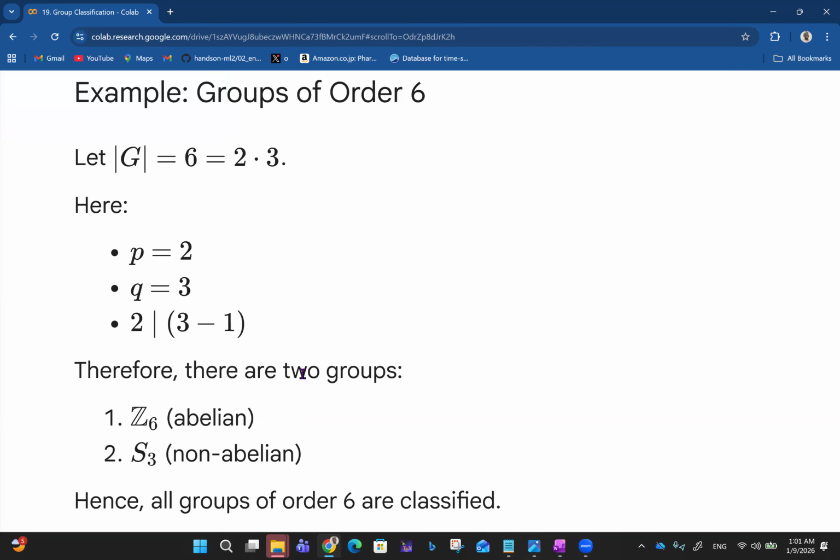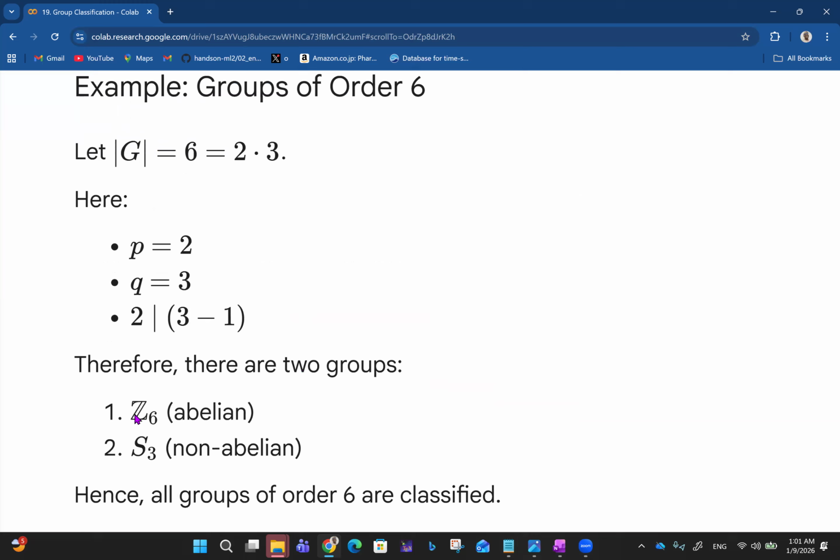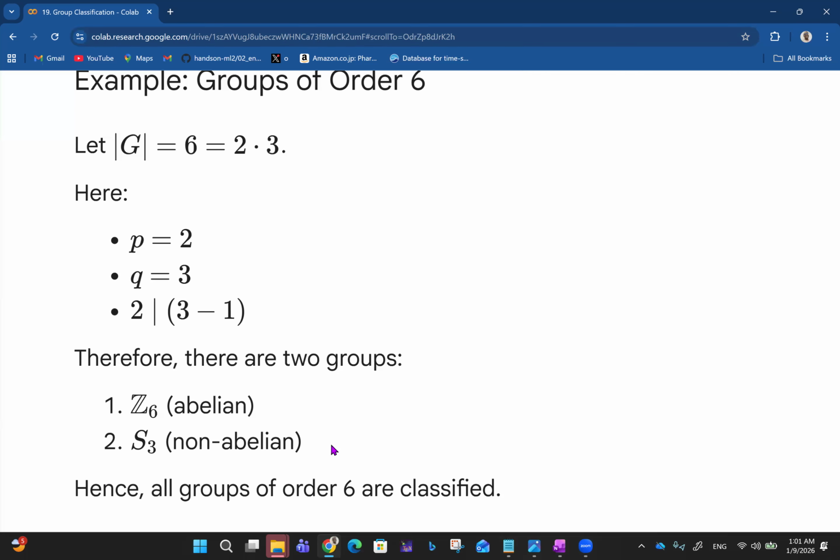Then another group you might get is a non-abelian semi-direct product, and that can be S3, which is non-abelian. We know generally that the symmetric group S3 is non-abelian, based on all the things we've considered before. So we can say, hence, all groups of order 6 are classified. It's either abelian or non-abelian.